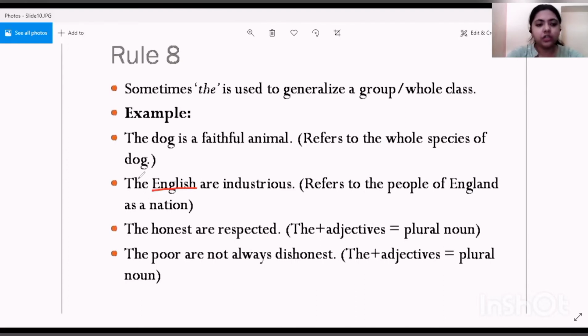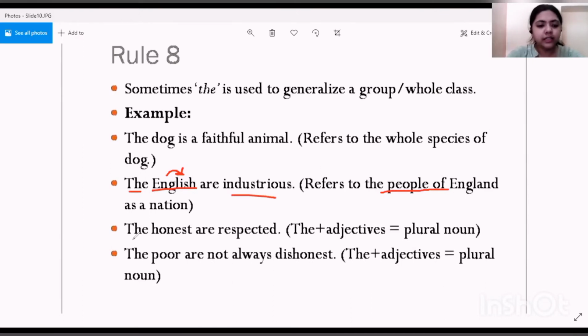The British. So here we are using the English. Why? This is not the subject. The subject which you study is not being referred to here. Over here, it is referring to the people of England. Right, I've already made it clear. So the English are industrious. So we are talking about all the people of England, that they are hardworking.